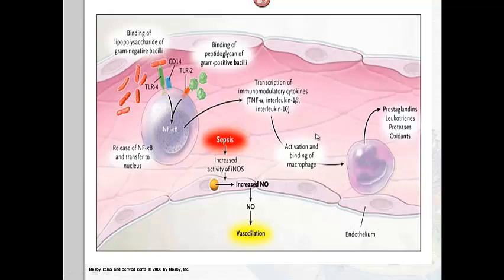But it continues the cycle, activating more macrophages. Leukotrienes are released, prostaglandins are released, free radicals are released as well. The cellular immunity could be activated for the production of antibodies, or the T or humoral could also be activated, secreting CD4s and CD8s.